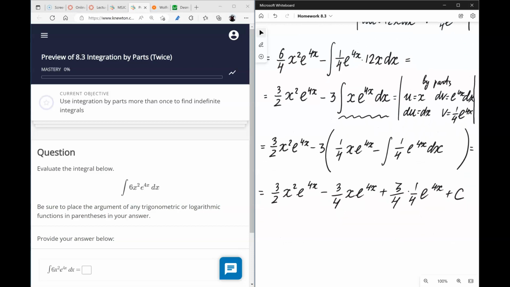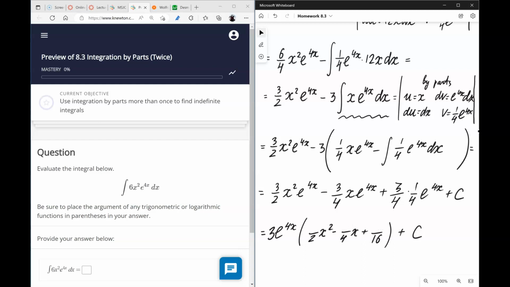And frequently we have a lot that we can factor out. So let's just take out e to the 4x, and we have 3/2 x squared minus 3/4 x plus 3 over 16 plus c. Looks like we could also take out the 3.